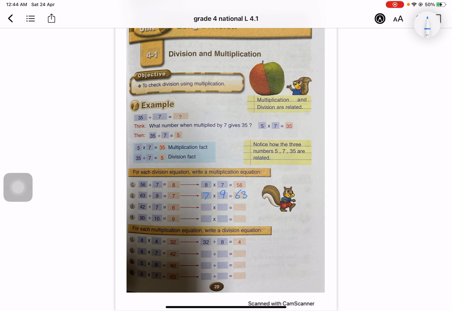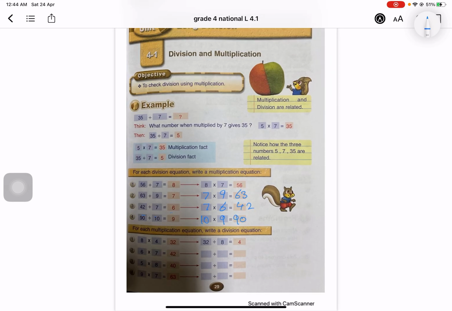Now, let's go to the third sentence. 42 divide 7, the answer is 6. Why? Because 7 multiply 6 equal 42. So from each division sentence, I wrote a multiplication sentence. 90 divide 10 equal 9, because 10 multiply 9, the answer is 90.